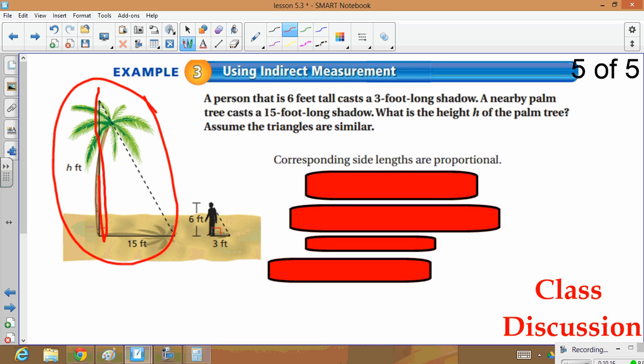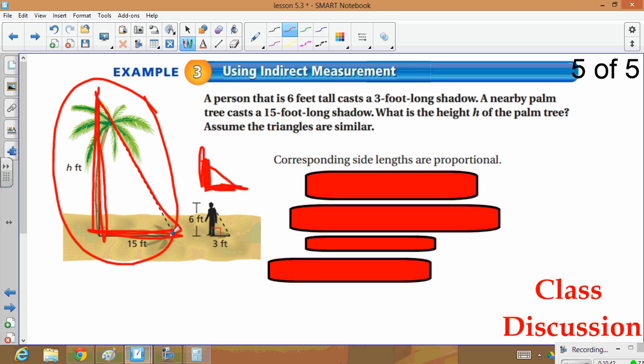Label H for height and the base or the length of the shadow, 15 feet. And then again, you can just draw yourself a small triangle like this. You can label the one side 6 feet and the bottom side, which would represent the shadow, 3 feet. So you technically just need 2 triangles, one slightly bigger than the other.